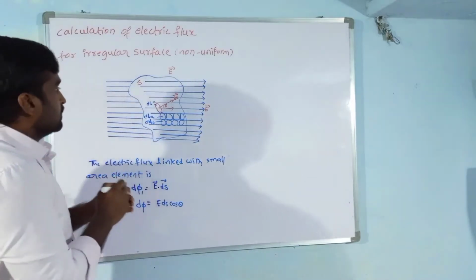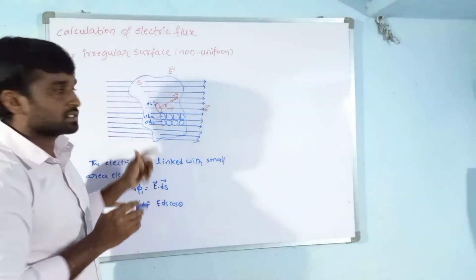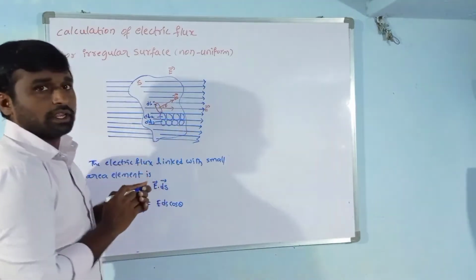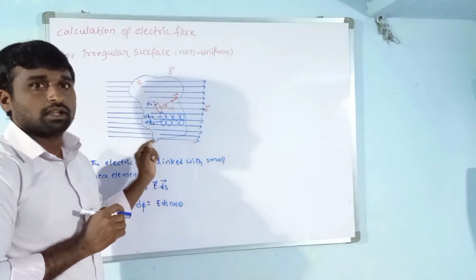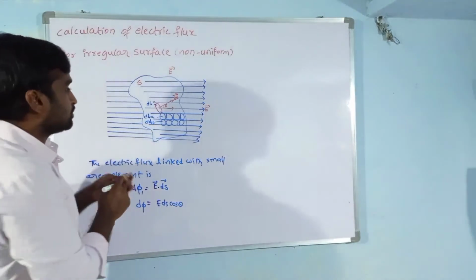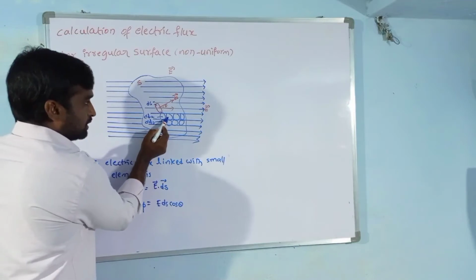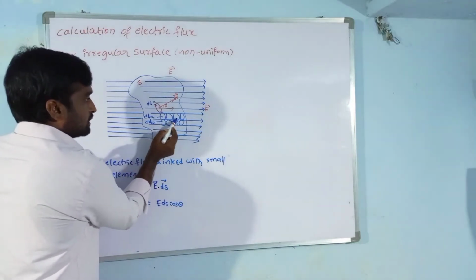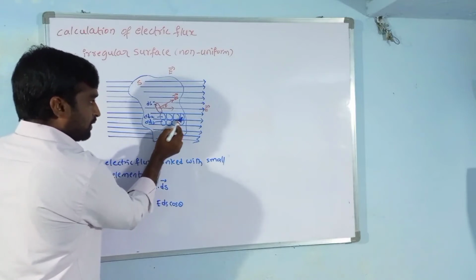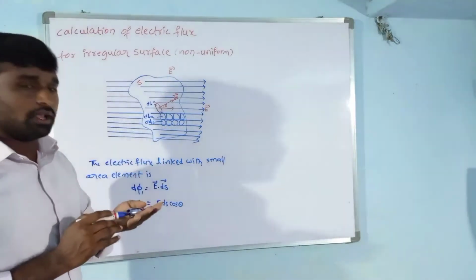The electric flux linked with any small area element is d phi equals E dS. Next, the flux linked with this small area element is d phi 2, then d phi 3, d phi 4, d phi 5, d phi 6, and so on. So we have a number of small area elements.